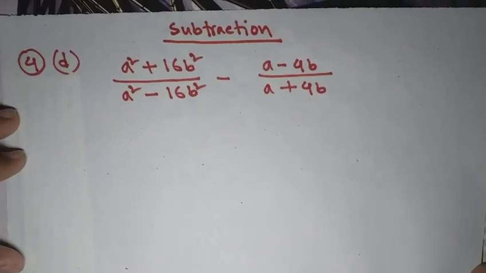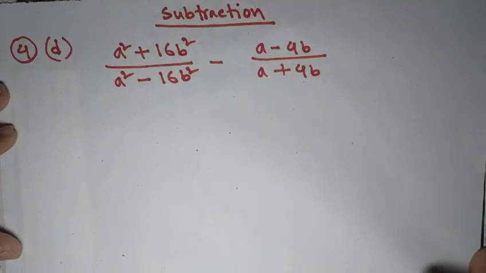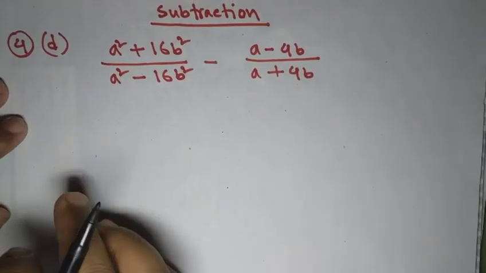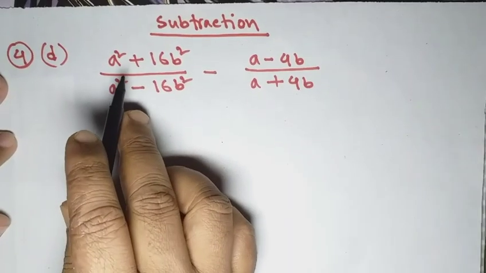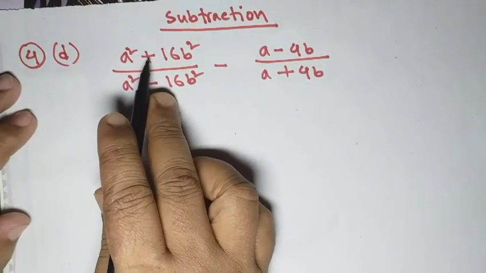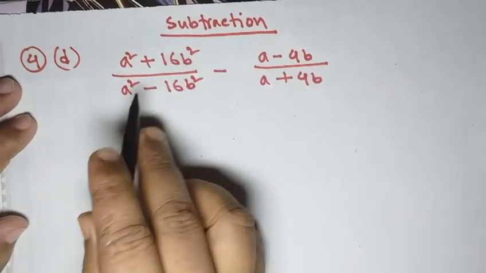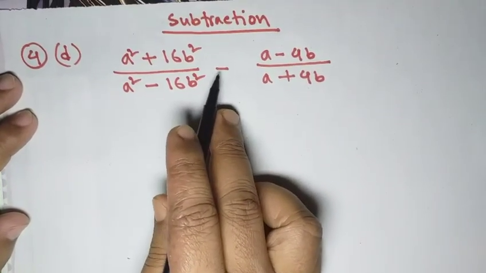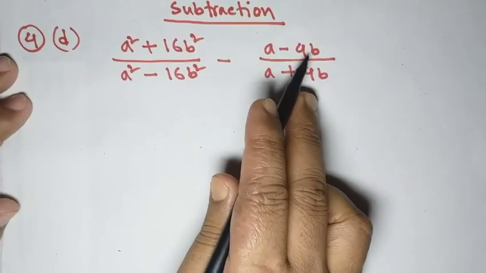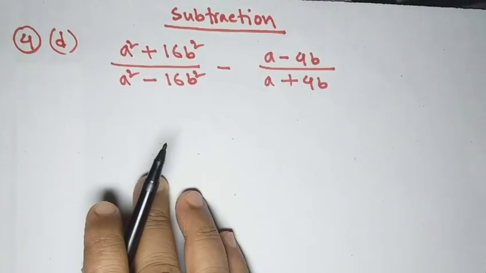Okay student, now we will solve subtraction from exercise 5.1 number 4D. We can see the math: a square plus 16b square over a square minus 16b square, minus a minus 4b over a plus 4b.